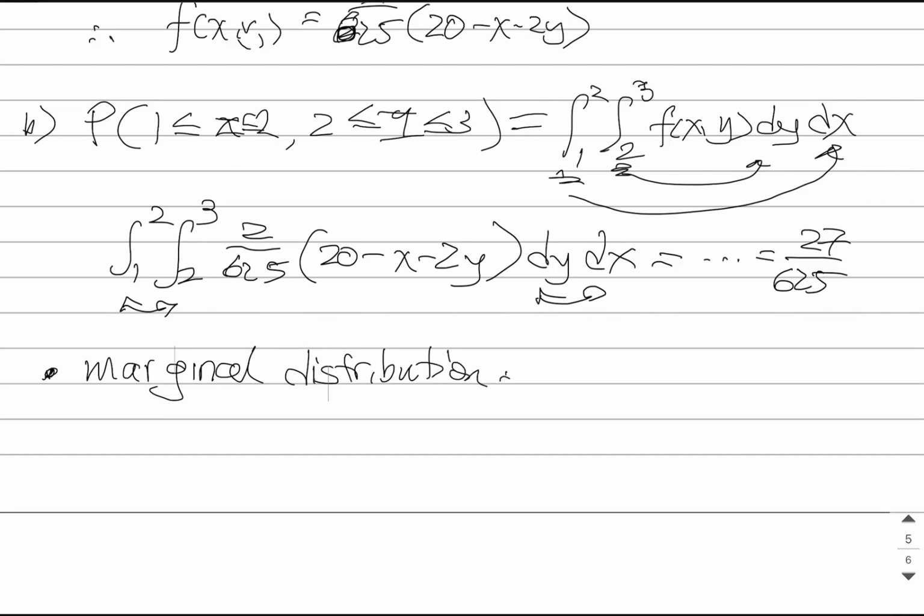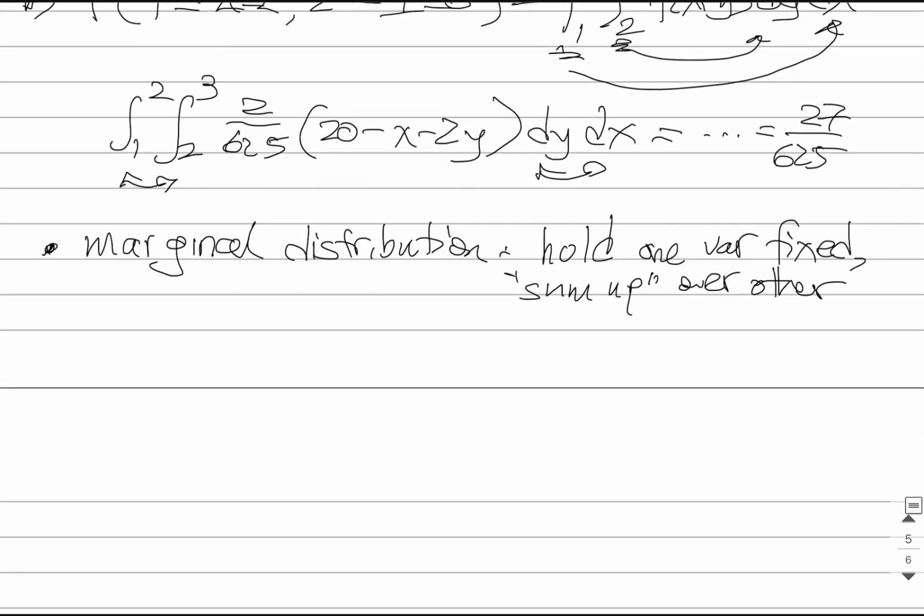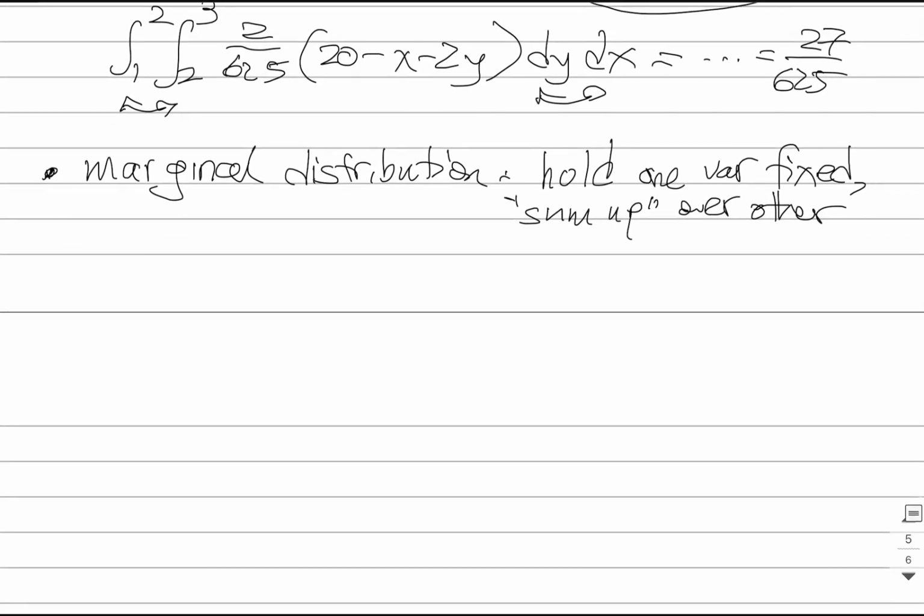And this is just like in the discrete variable case. We're going to hold one variable fixed, and then we are going to sum up over the other. Now, because we are talking about continuous random variables, which typically have an uncountable number of outcomes, sum up is going to be synonymous with integrate.